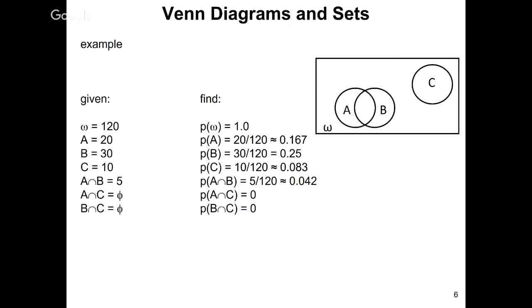I don't even know what that's called. It means approximately, but I don't know what the name of that symbol is. But you're right. I think that one is omega. And then the probability of B is 0.25 because when you do 30 times 4, you get 120. So that one's a nice even number.